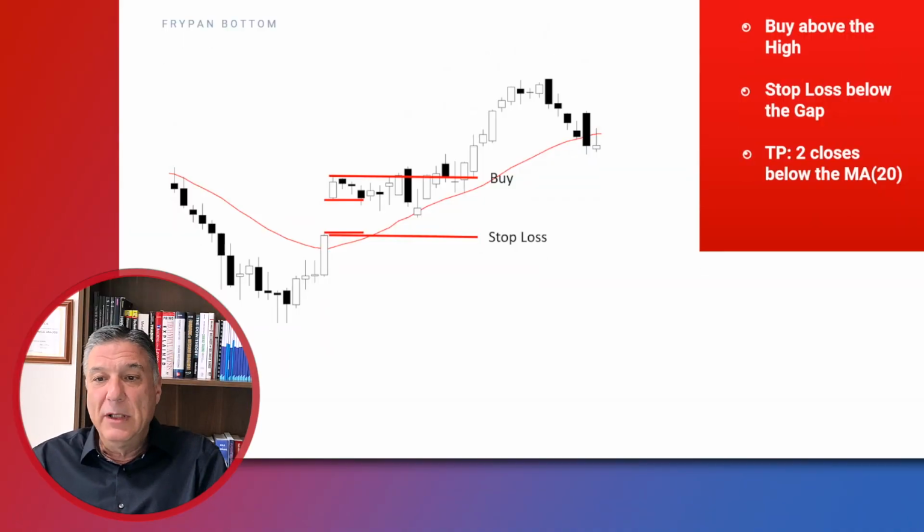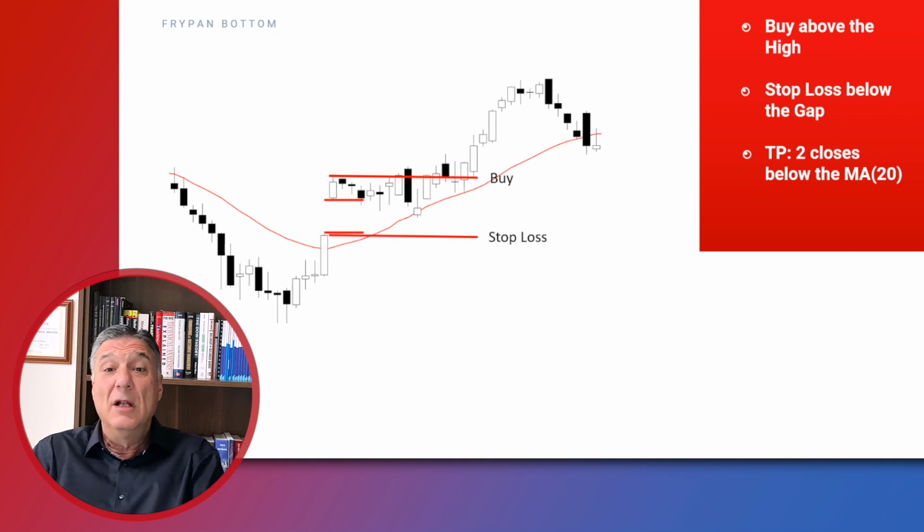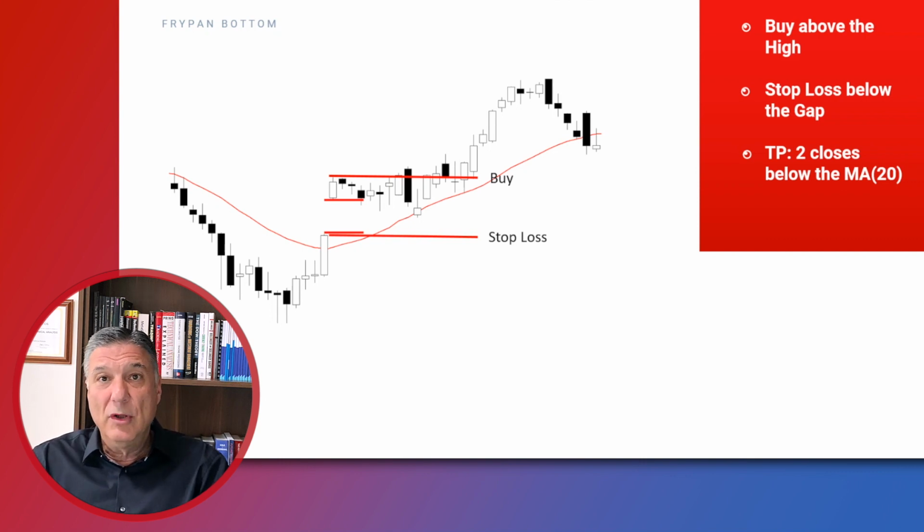But when we witness a close below the moving average, or 2 closes, or 1 black candlestick below, or 2 black candlesticks, this is up to you, then we're going to exit the market and close the whole position. We're going to book our profits, if any. In this case, yes, we do have small profits, and we close the whole trade when we see 2 closes below the 20 period moving average.